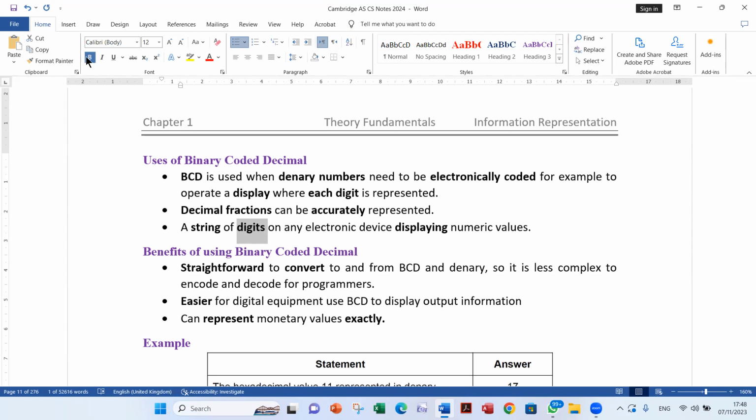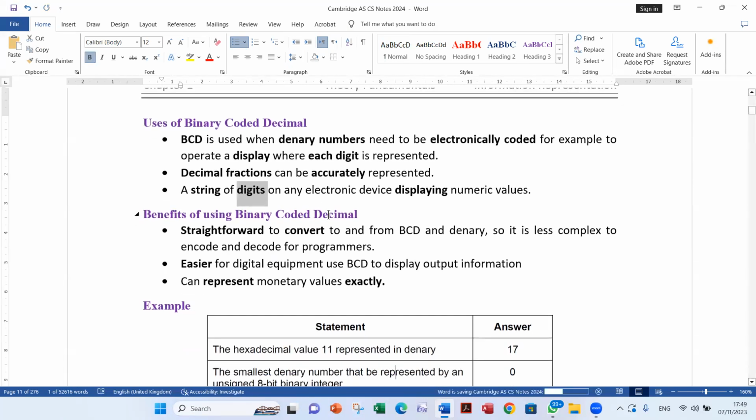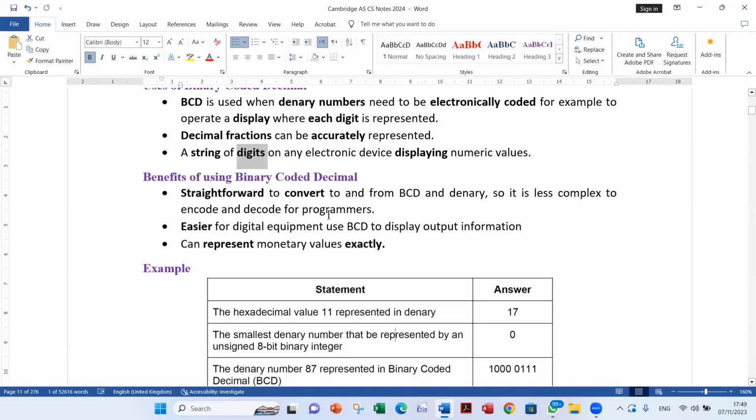And then there was another question. These are all the past paper questions that I came across. I just keep loading my notes with past paper questions. Benefits of using binary coded decimal: it is straightforward to convert to and from BCD and binary, so it is less complex to encode and decode for programmers.